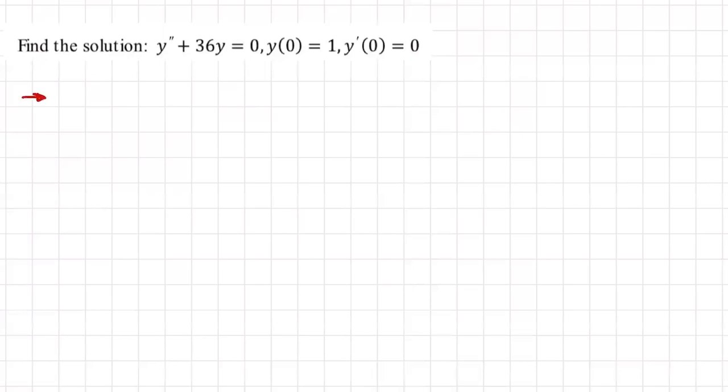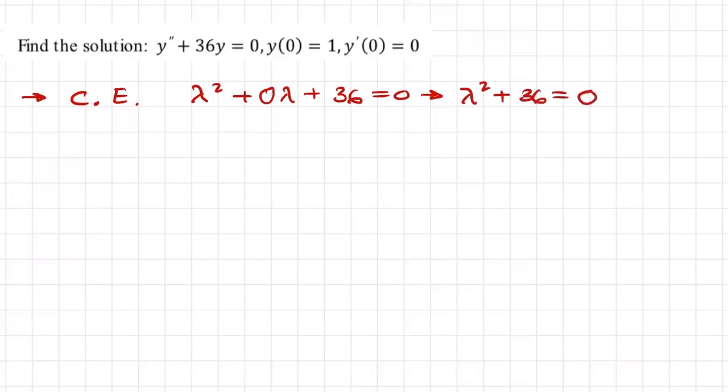For this one, we're going to have, as usual, lambda squared plus, and because 36 doesn't have a y prime, we can basically write it as 0 lambda plus 36 equals 0. I'm just showing you that the lambda term is just 0. So we can just have lambda squared plus 36 equals 0.